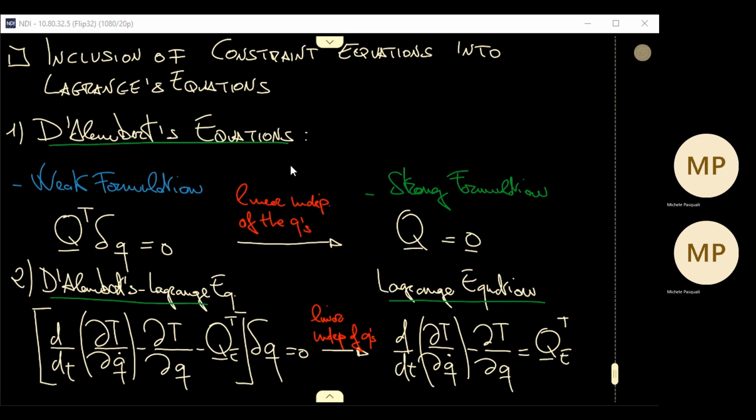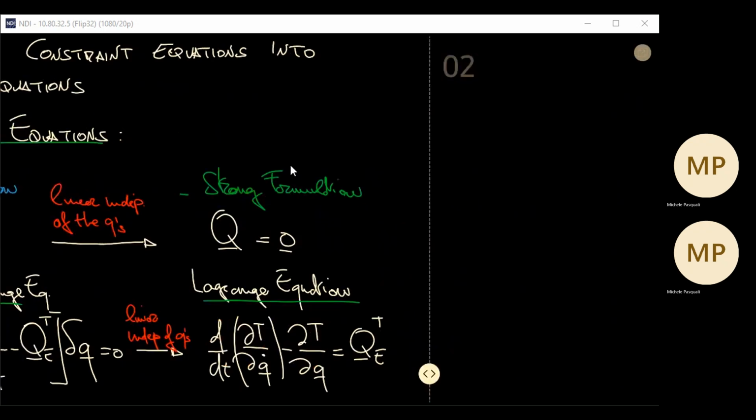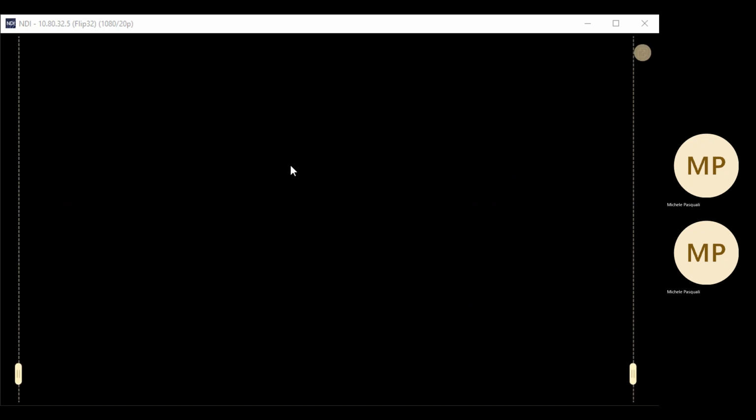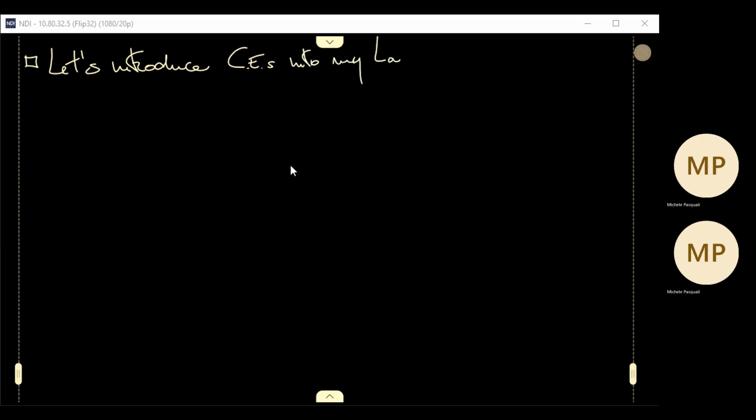Now, let's try to introduce the constraint equation into this formulation. So let's introduce constraint equations into my Lagrange equations.